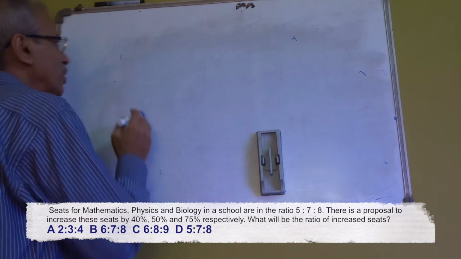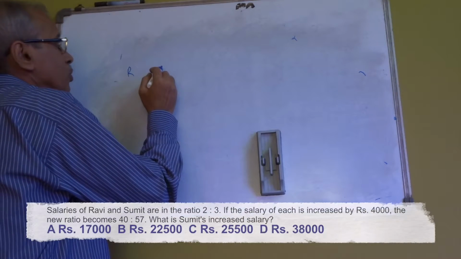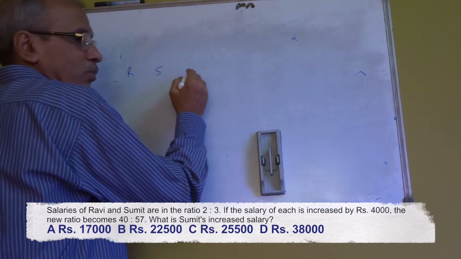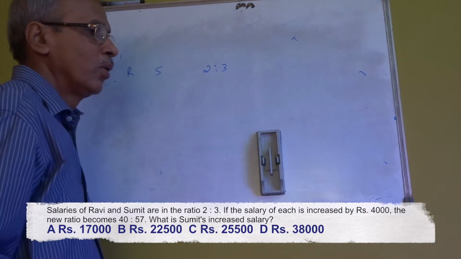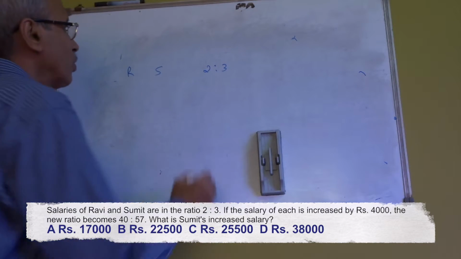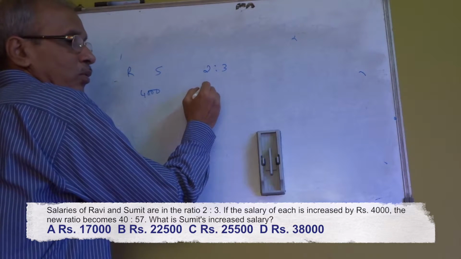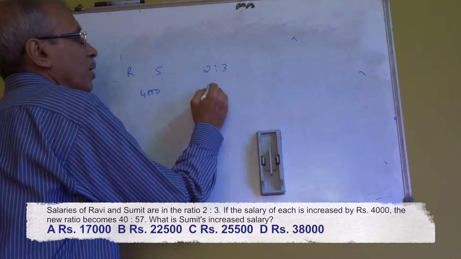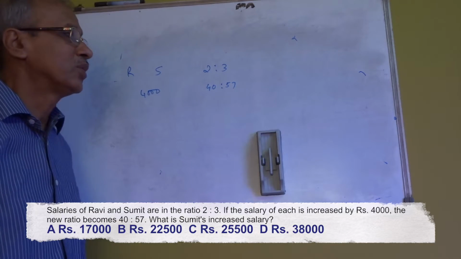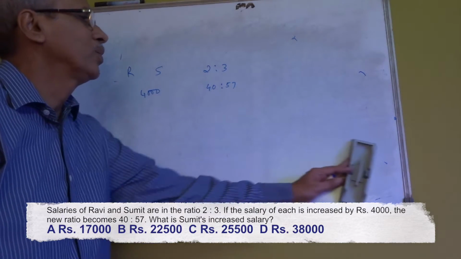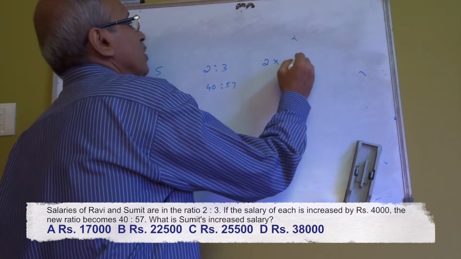Salaries of Ravi and Sumi are in the ratio of 2 is to 3. If each is increased by 4,000, the new ratio is 40 by 57. What is Sumi's increased salary? Now let us say Ravi's salary is 2x, then Sumi's salary is 3x.